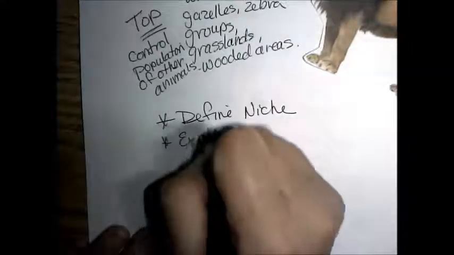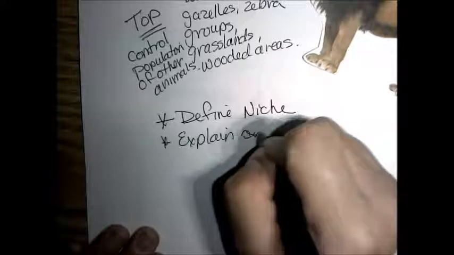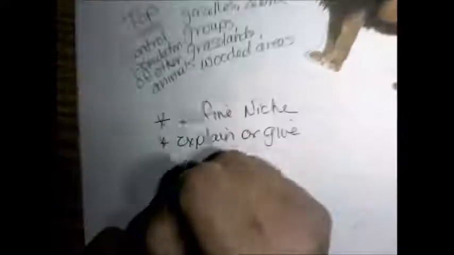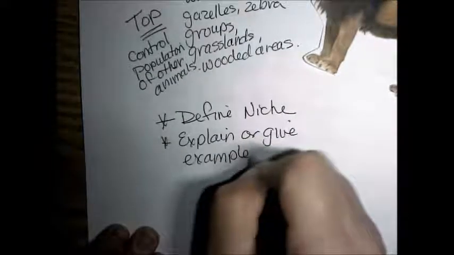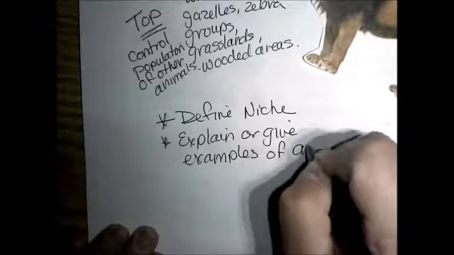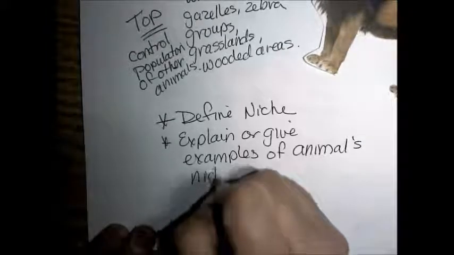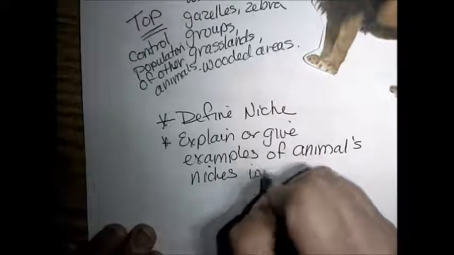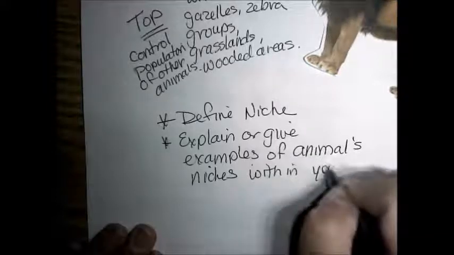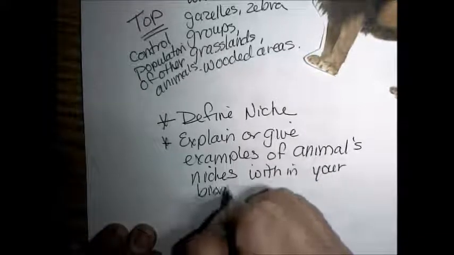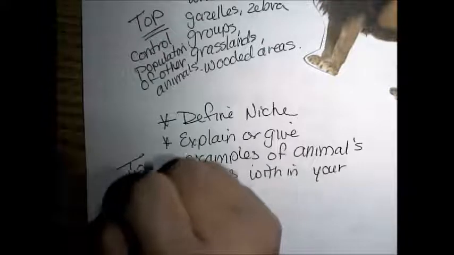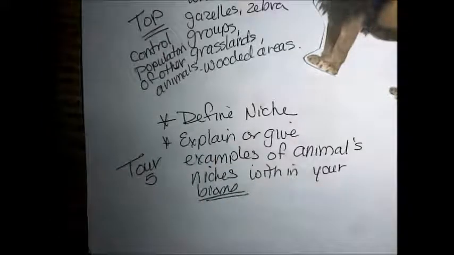Okay, and I want you to explain or give examples of animals' niches within your biome. Okay, and again, this is going to be tour 5. Okay, so that's your job. What is a niche? And explain examples of animals' niches within your biome.